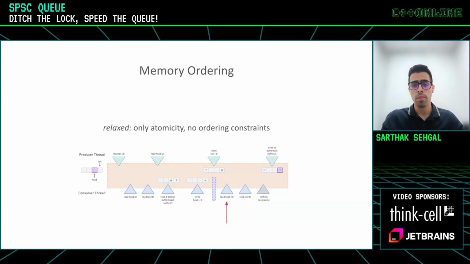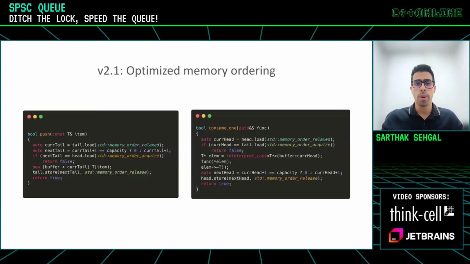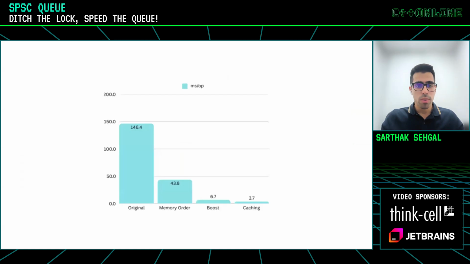So when the consumer thread reads the head at the very beginning, we can use relaxed ordering. And using these orderings to our benefit, we can optimize the queue further. For example, in the push method now, I'm reading the tail with relaxed memory ordering, and then the head with release-acquire. I'll go into details about that.